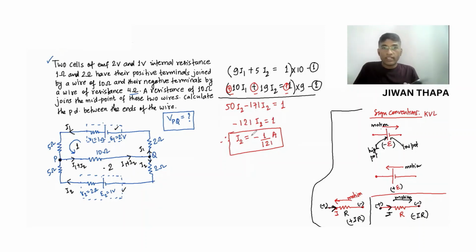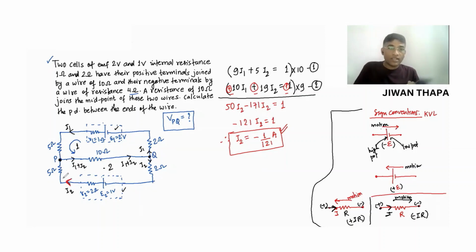We are getting I2 negative, because we chose current I2 in this direction. The actual direction for current I2 must be opposite to this. Mathematically we are getting this equation, so we are getting this current negative because we have chosen I2 in this direction.